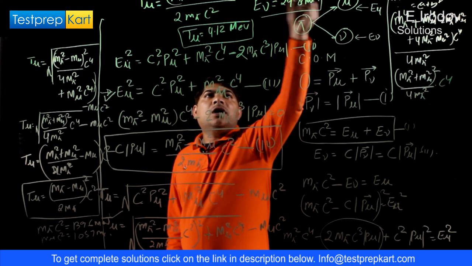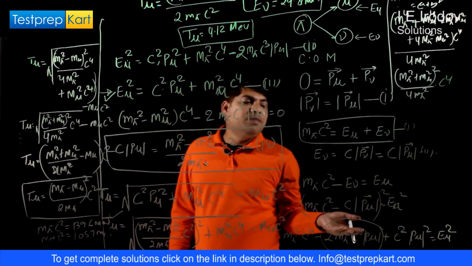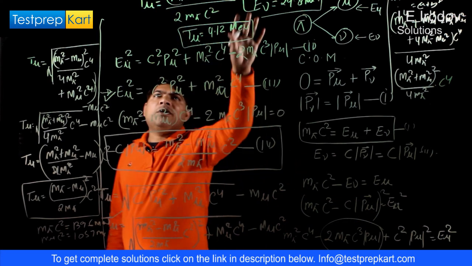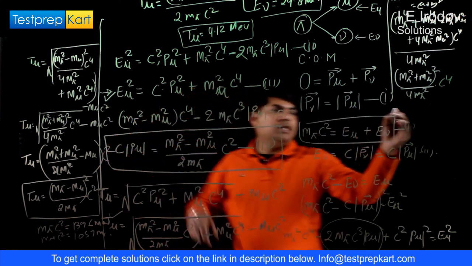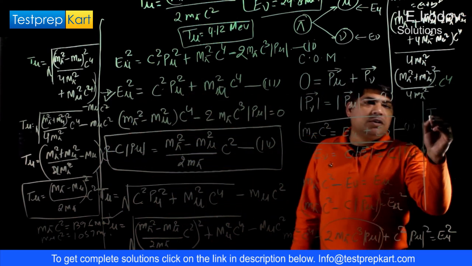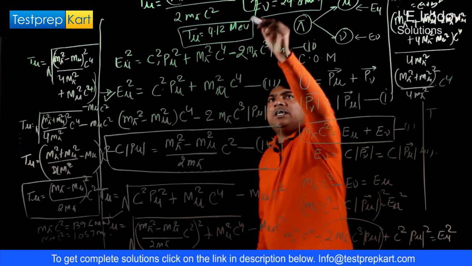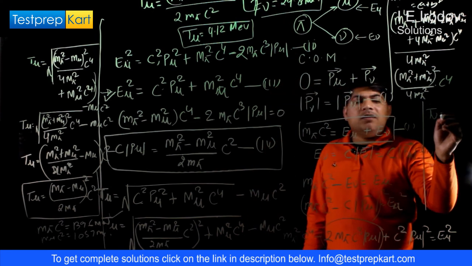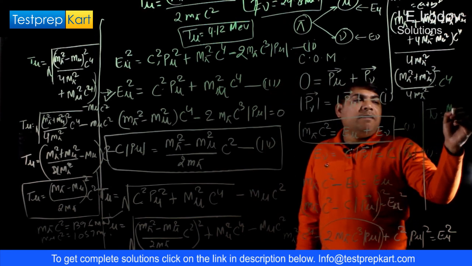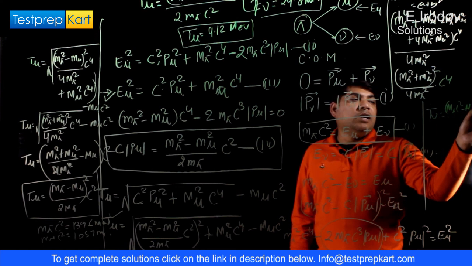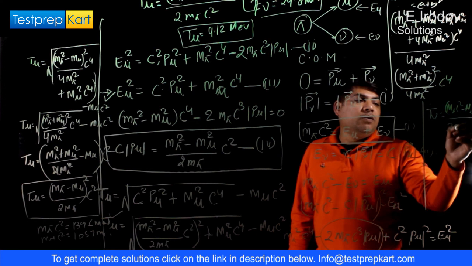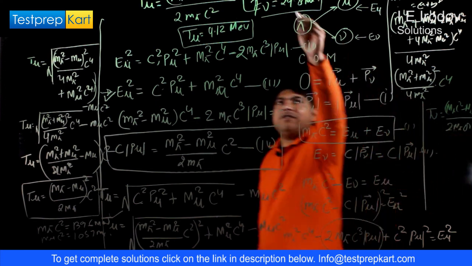Or you can simply write that the way we performed this calculation, in similar fashion we can write an expression for the neutrino's total energy. It must be T_nu equals (m_pi c² minus m_mu c²) whole square upon 2m_pi c², and from there we will get this answer.